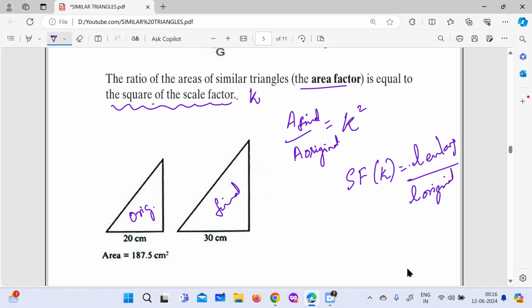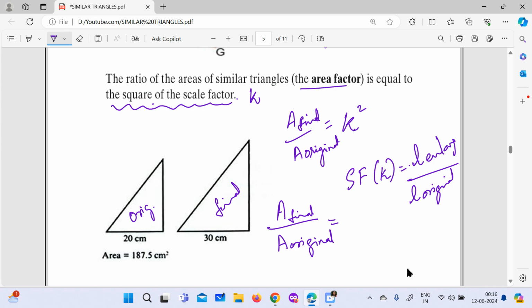Now when I put it here, it will be area of the final triangle upon area of the original triangle. This ratio is equal to k squared.